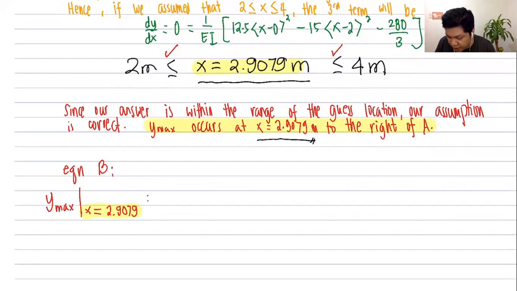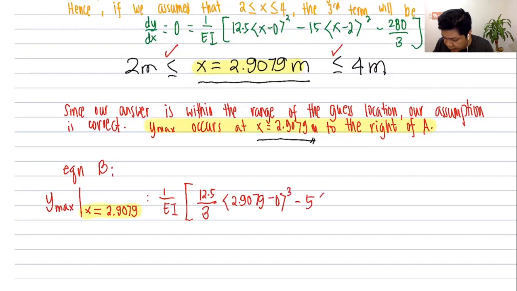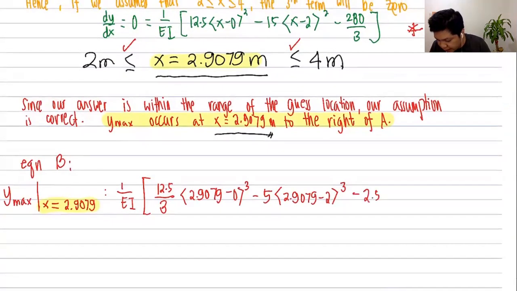So that will give me 1 over EI times, copying equation B, 12.5 over 3 times (x minus 0) cubed, but using x as 2.9079, minus 0 cubed, minus 5 times, and so on, substituting the value of 2.9079 as x, minus C1x, where C1 is 280 over 3 times 2.9079.